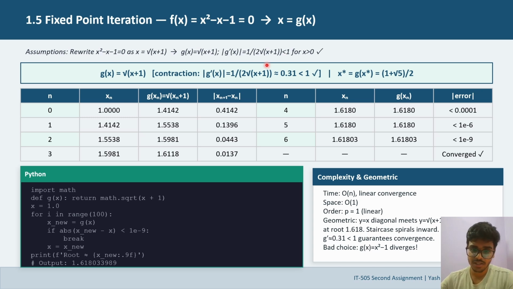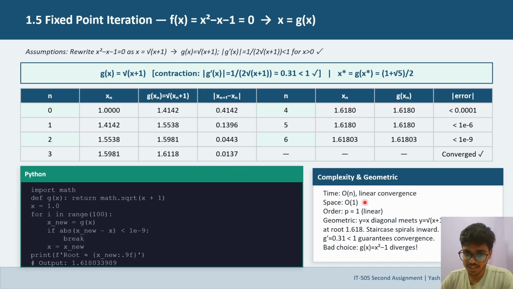Starting from x0 equals 1, x1 equals square root of 2 equals 1.4142, x2 equals square root of 2.4142, which equals 1.5538, x3 equals square root of 2.5538, which equals 1.5981. So by iteration 6 or 7 we reach 1.61803.